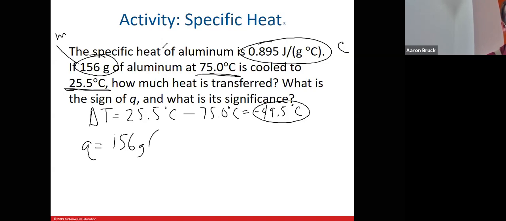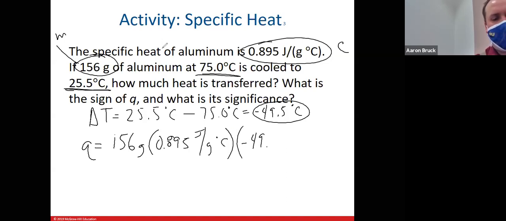156 grams multiplied by 0.895 joules per gram degree Celsius multiplied by negative 49.5 degrees Celsius.